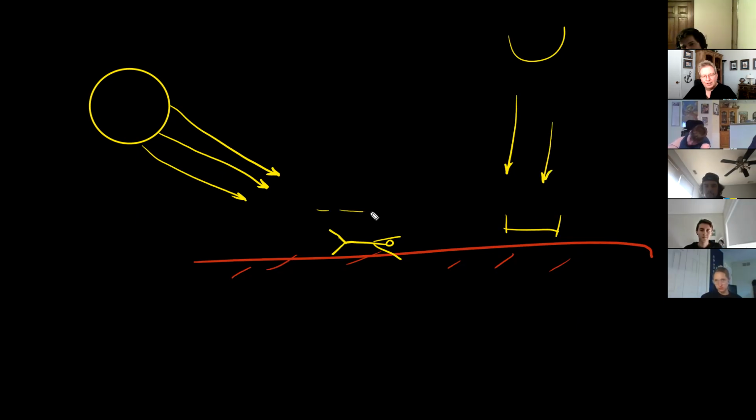Over here, the sun is coming at an angle. So it's doing this. It's going straight down on this same angle, but you're laying flat. So the radiation hitting you is being spread out over a larger area. Does that make sense to you, what I'm showing you?